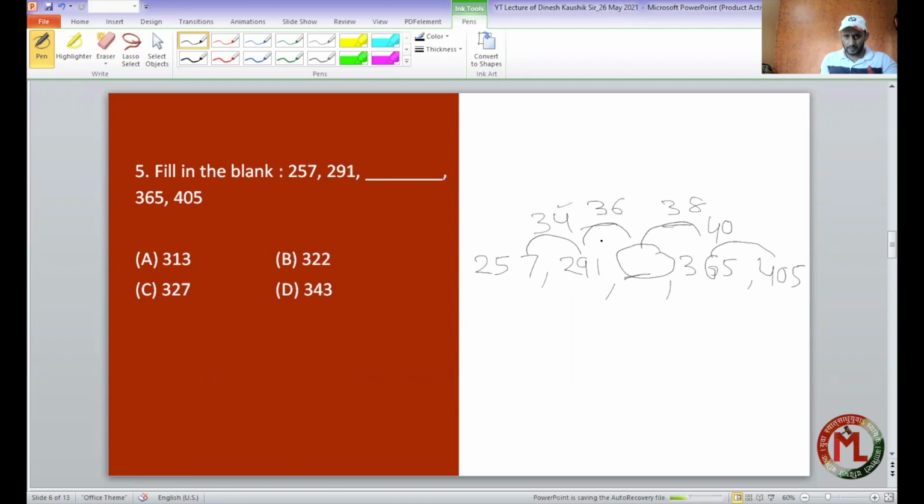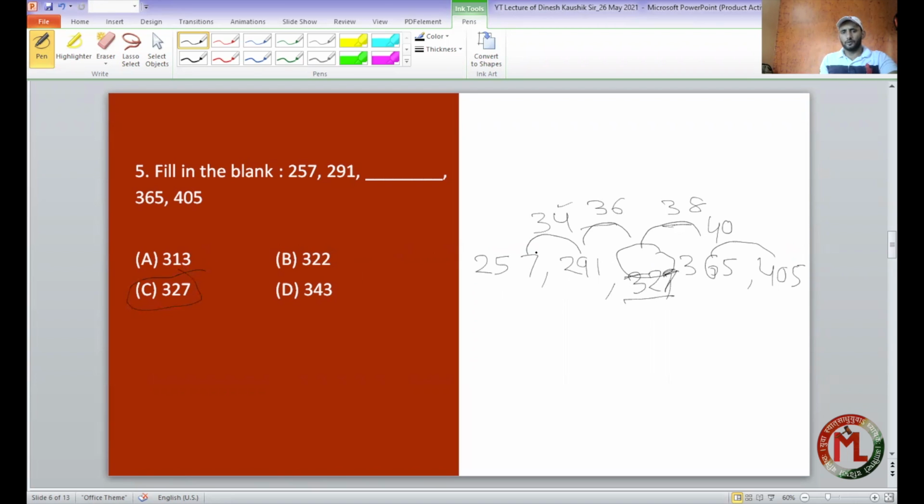If you add 36 to it, what will you get? 327. You can check. 3, 36, 6 plus 1, 7, 327. Is it present in the options? Yes. C is the right answer.